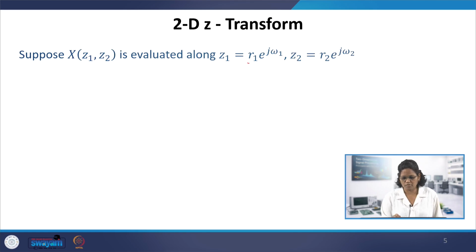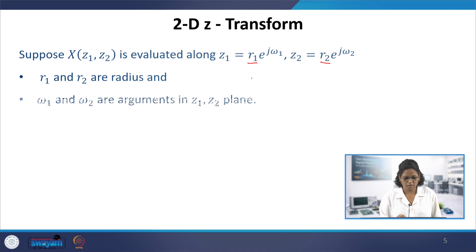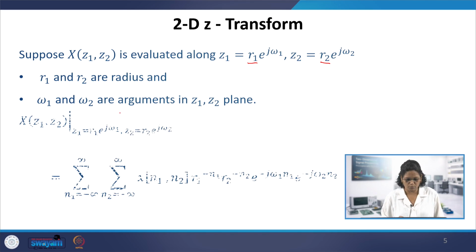Supposing r1 and r2 are not equal to 1, then r1 and r2 are the radii and omega 1 and omega 2 are the arguments in the z1, z2 plane. Just to recall, in the 1D case, r is the radius and omega is the argument of the z plane. Now here we have two variables in each: r1 and r2, and omega 1 and omega 2.